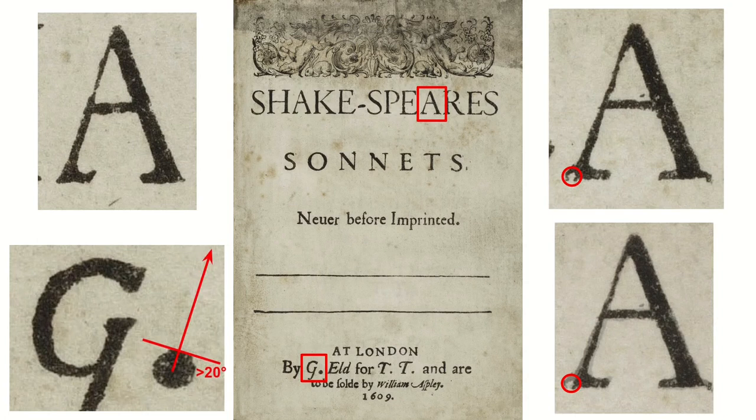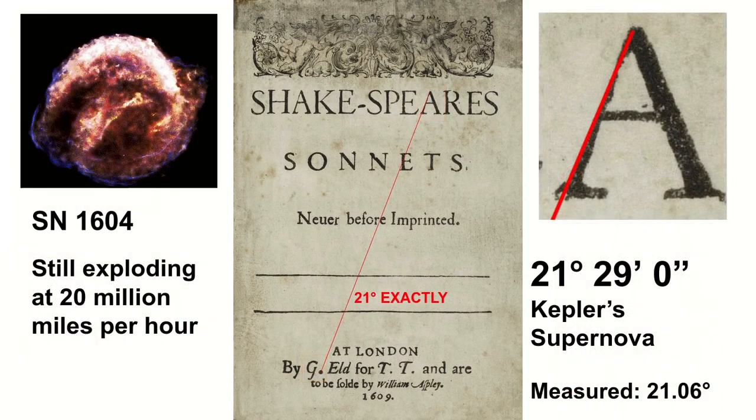Now, the G, I innocently measured that to be a little bit over 20 degrees before I drew the line up there. But let's just do it, and we find out that it's at 21 degrees exactly.